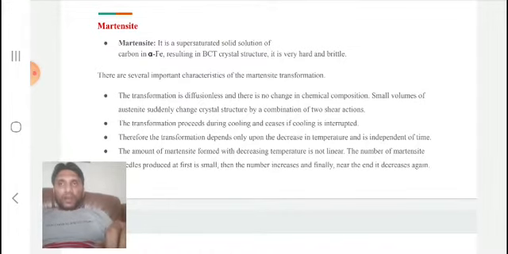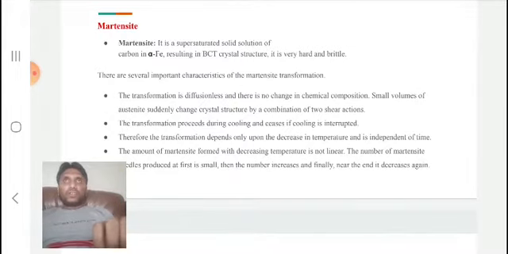So there is always a chance of austenite being retained as it is, because the core section will not get the chilling effect needed to transform into martensite. Therefore the hardness and strength of the material depends upon the retained austenite.